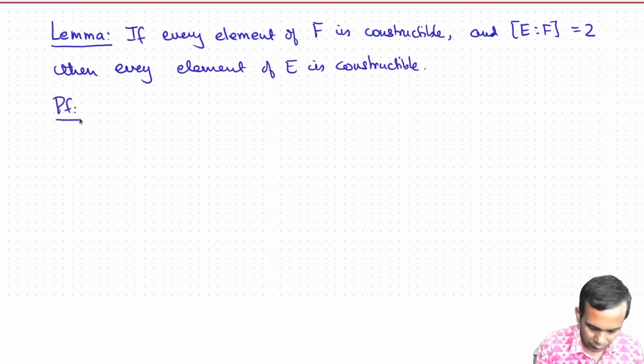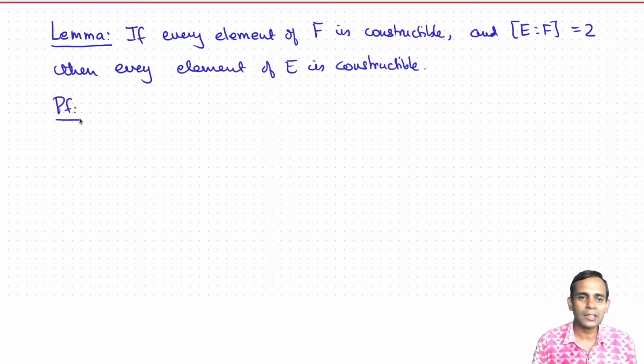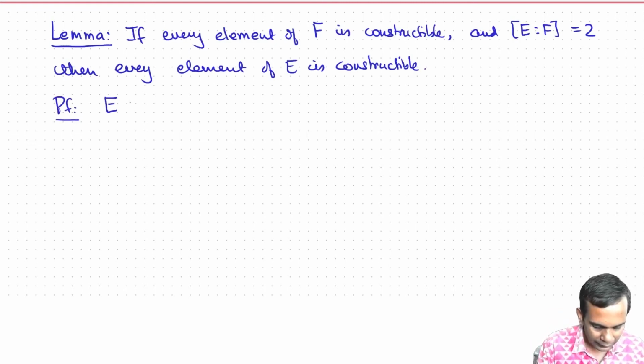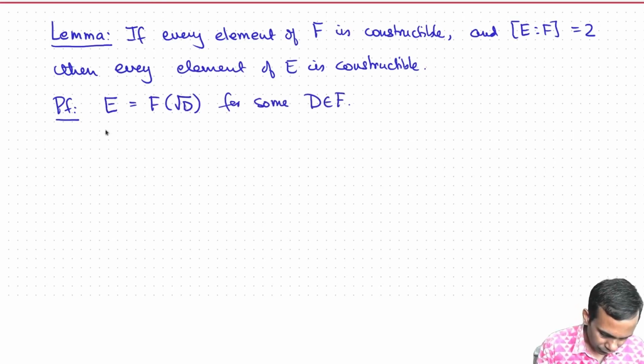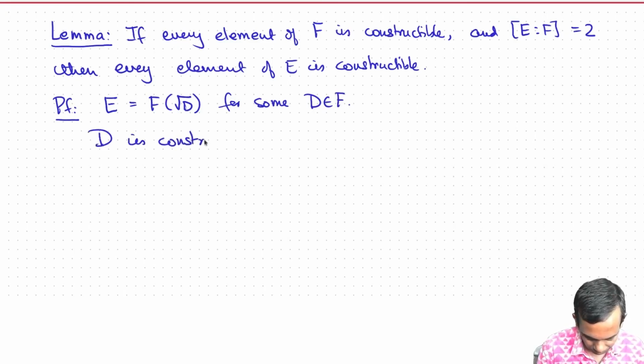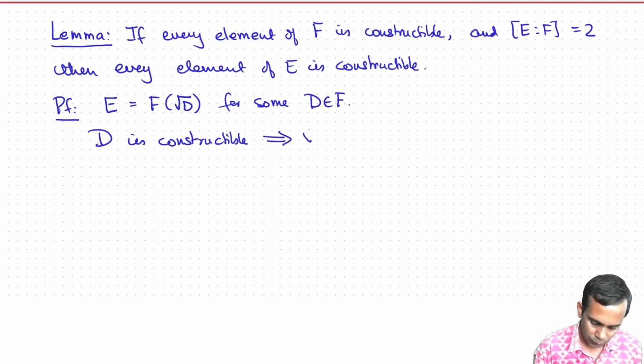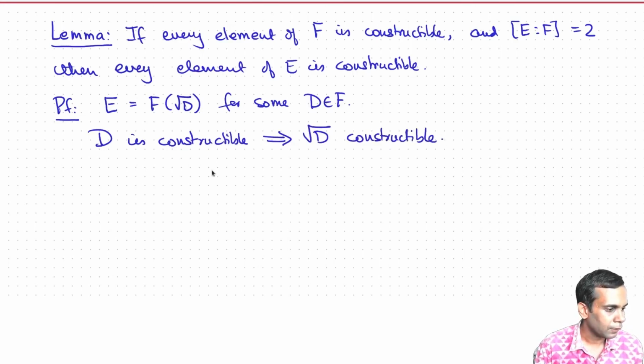And the proof? Well, we've already seen that if E is a quadratic extension of F, E is of the form F(square root D) for some D in F. Now D is constructible, which implies that square root D is constructible. Now constructible numbers form a field.